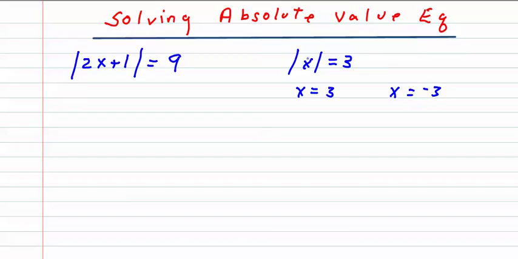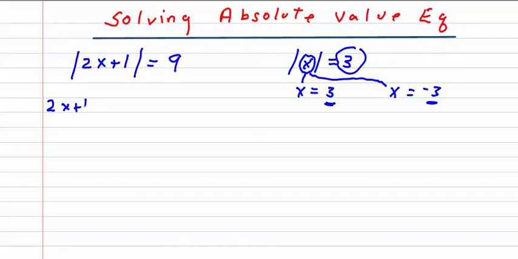Here, x, what's inside the absolute value, is equal to this number here, 3, or it's equal to the opposite. But we made two equations. We are going to do the same thing here. We're going to make two equations.